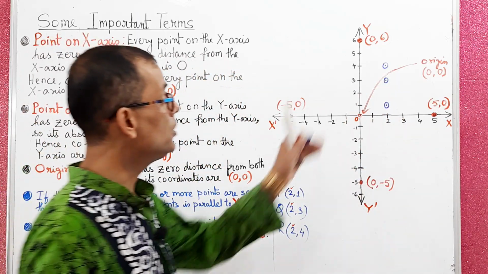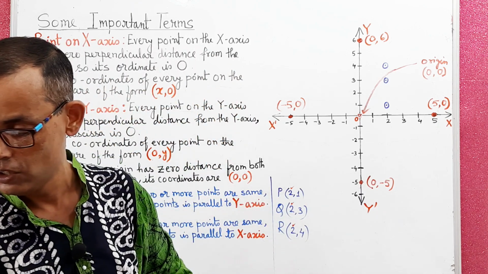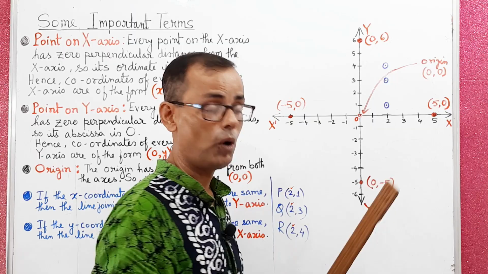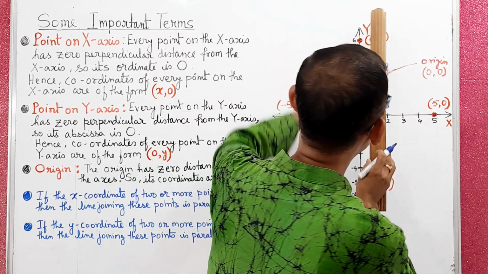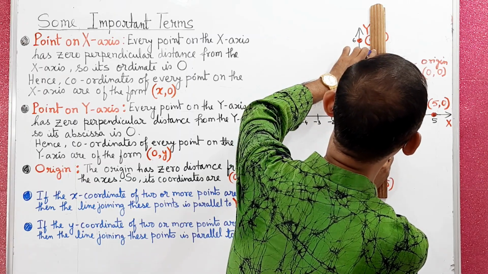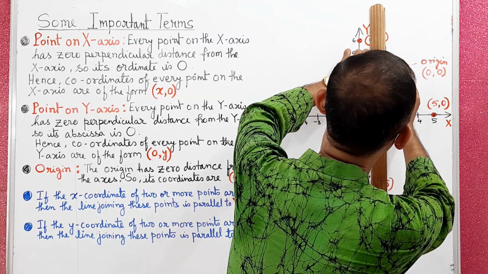Now if I join these 3 points, let me join these 3 points. This is my scale, so don't laugh by seeing my scale, at least it is working. So I made this scale.